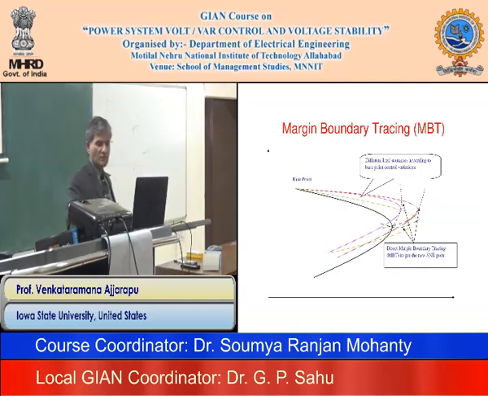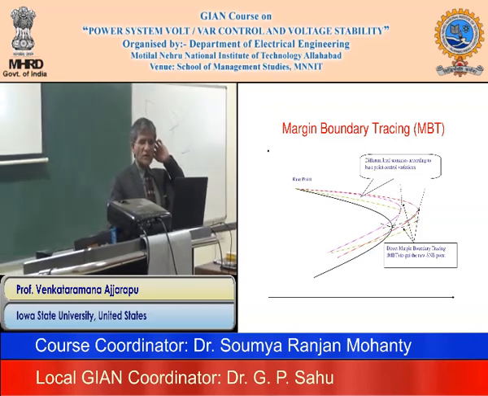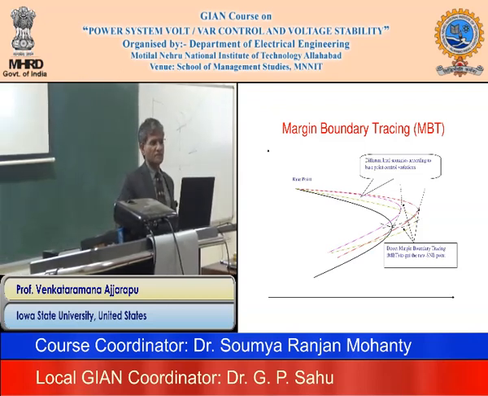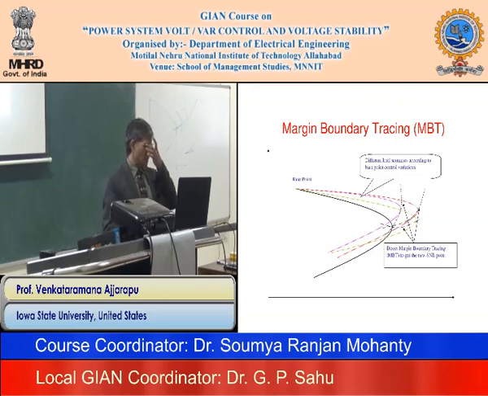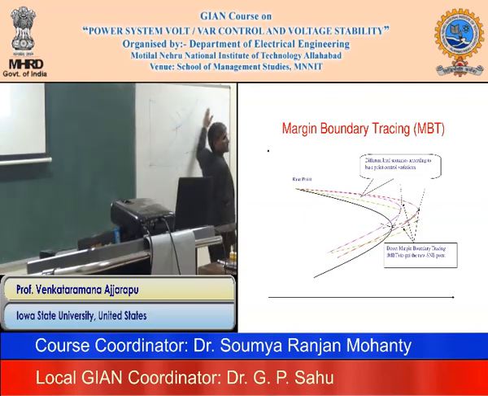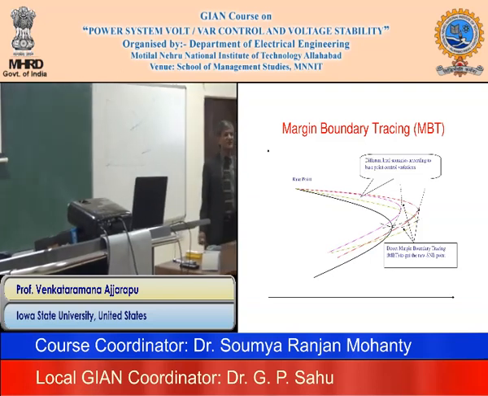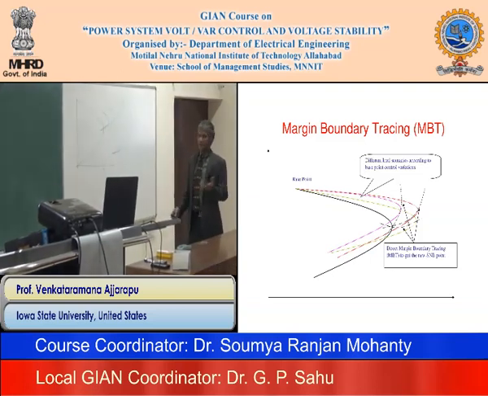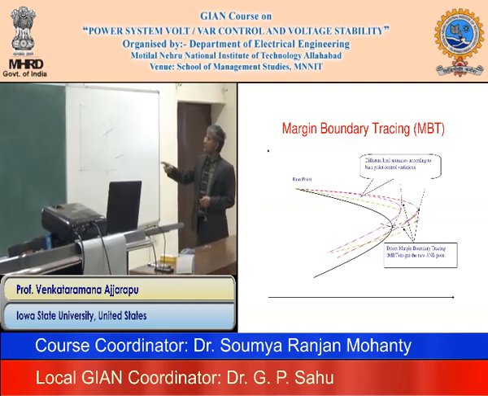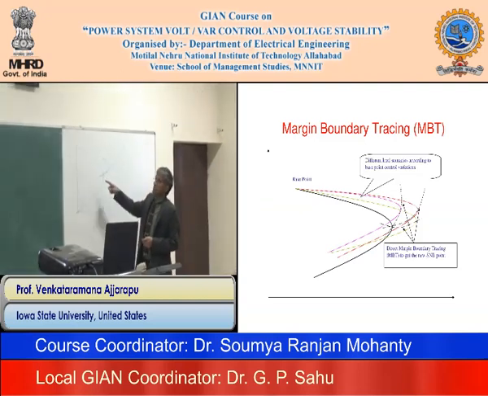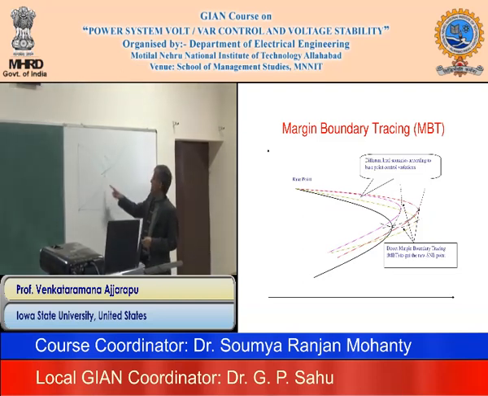Now quickly following this, we also tried, after we went further, to see whether I can trace this boundary, as I mentioned in the morning, sorry, in the previous session. Margin sensitivity, as I mentioned before, is like a tangent, right?